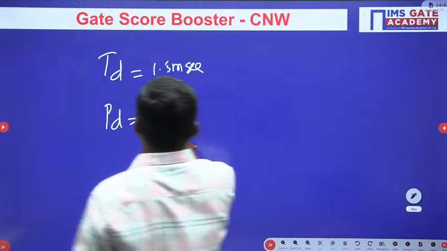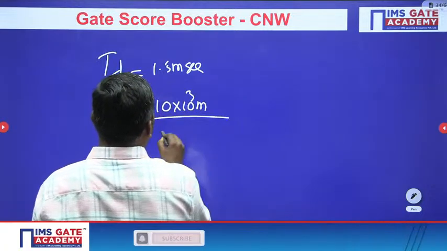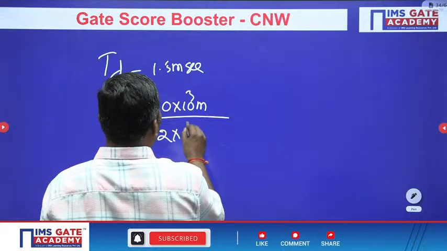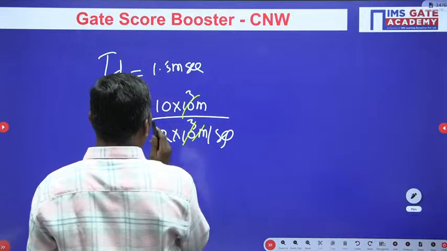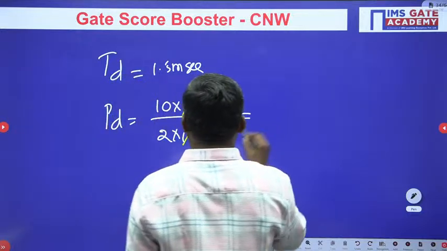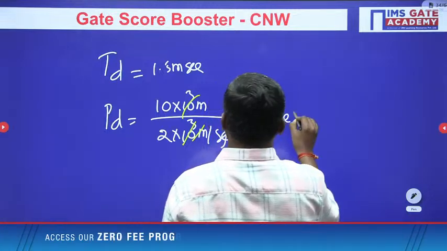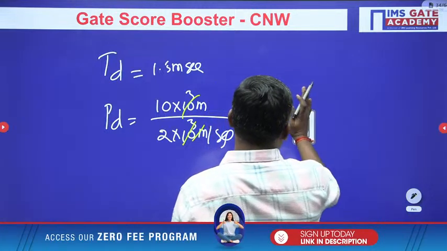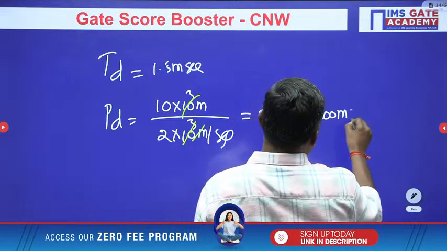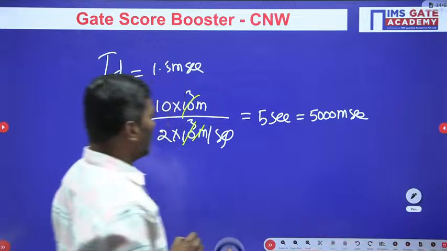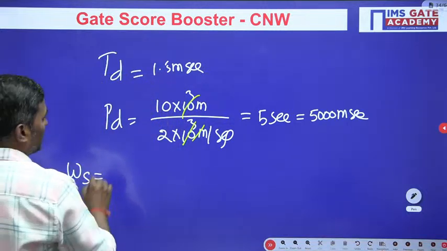I will keep 10 kilometers as 10 power of 3 meters. So 2 into 10 power of 3 meters per second. So this cancelled, and we got 5 seconds. The 5 seconds is nothing but 5000 milliseconds only.